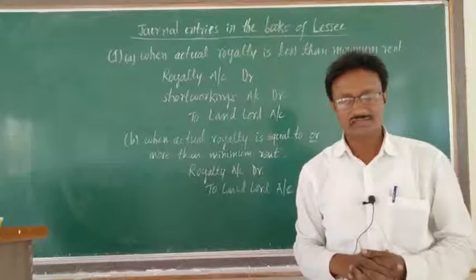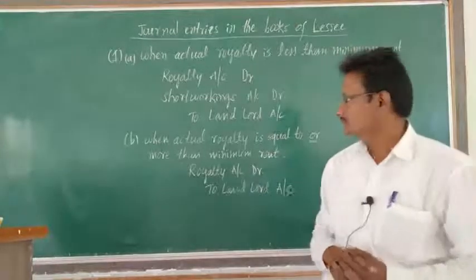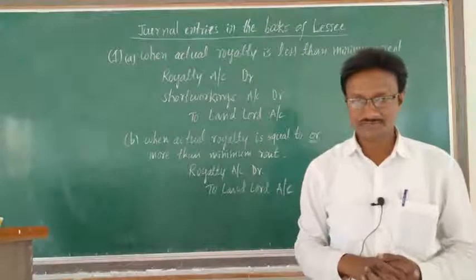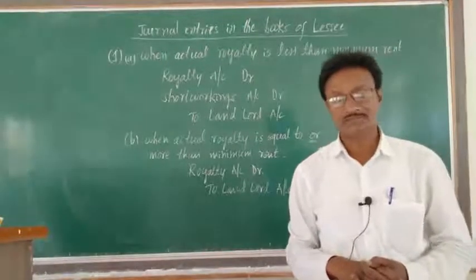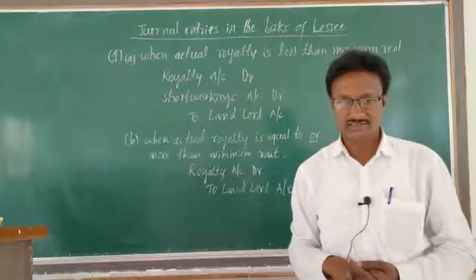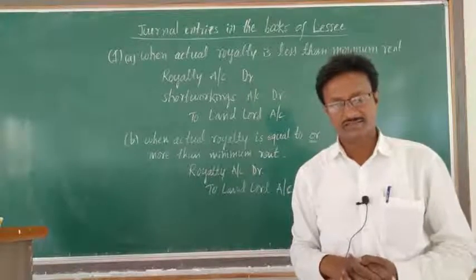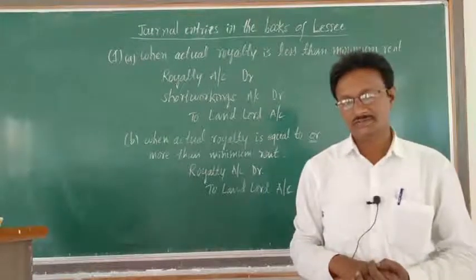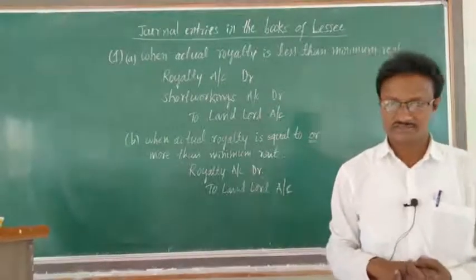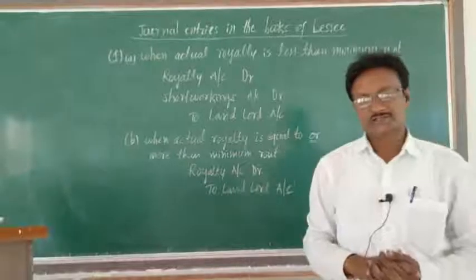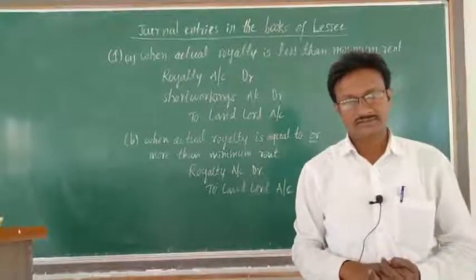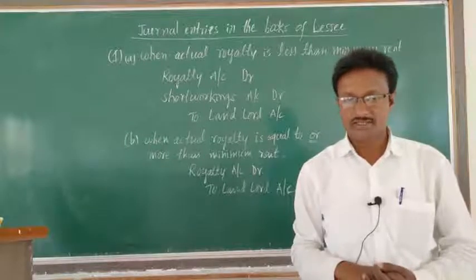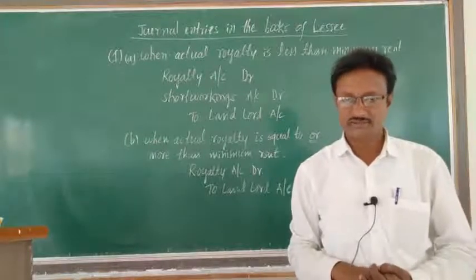Short workings is also an amount. Short working is nothing but a deficit amount. If the actual royalty is less than minimum rent, the difference between the actual royalty and minimum rent is called short workings, because minimum rent means the minimum fixed amount that has to be paid by the tenant to the owner.